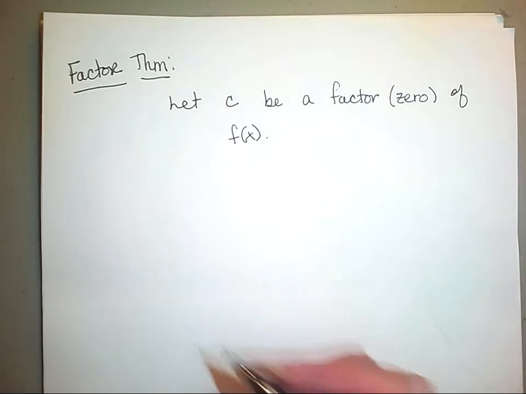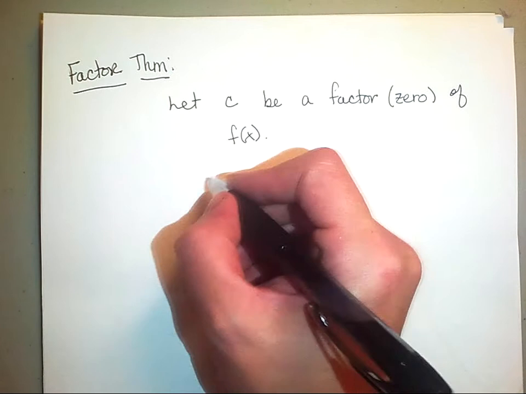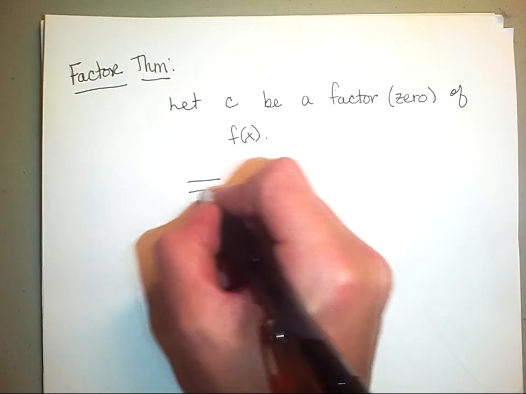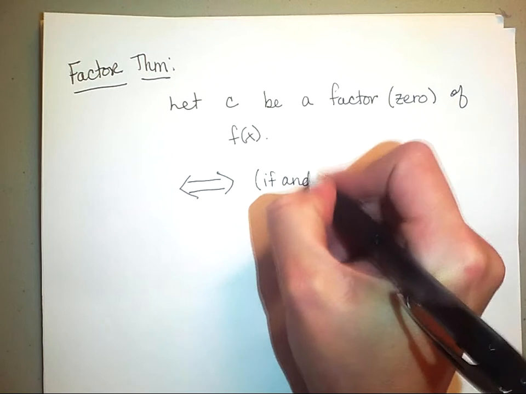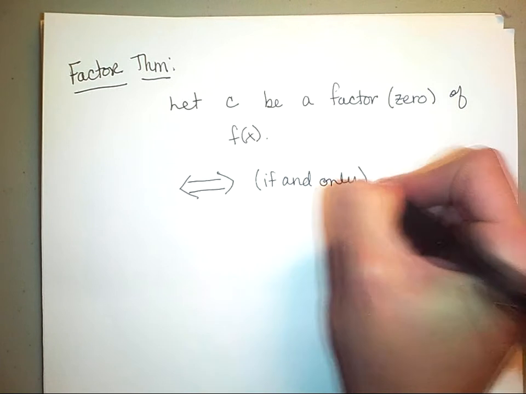If this is true, I'm going to use this symbol. This means if and only if. I'll explain it in just one moment.